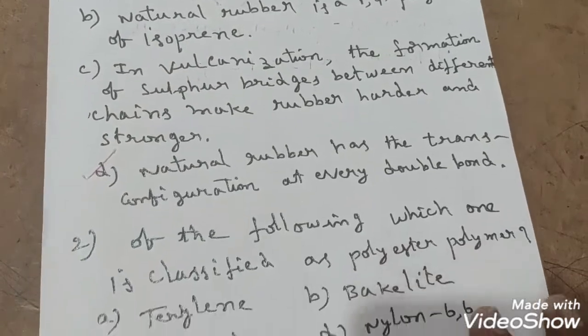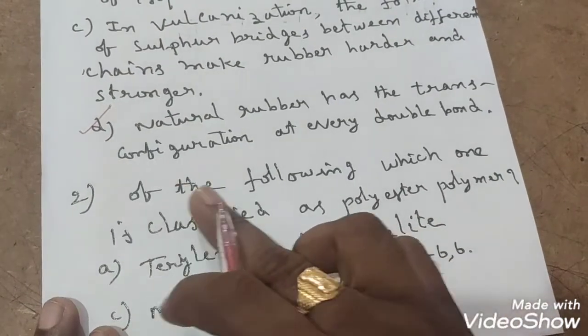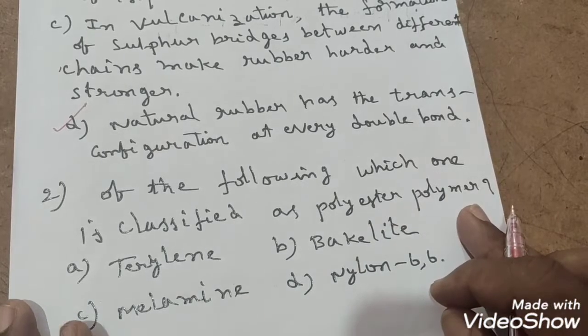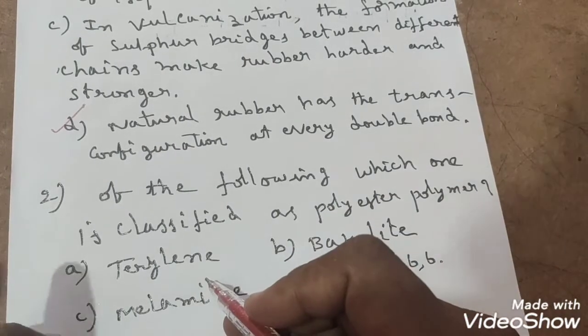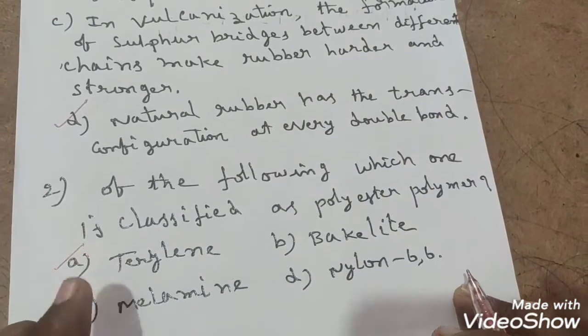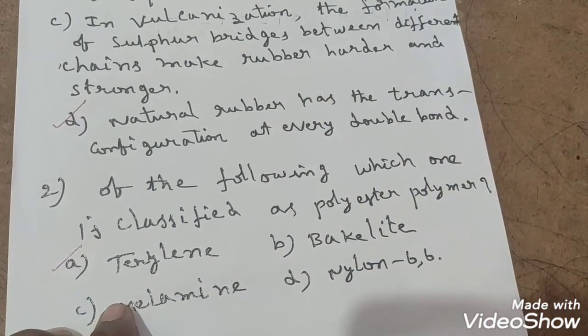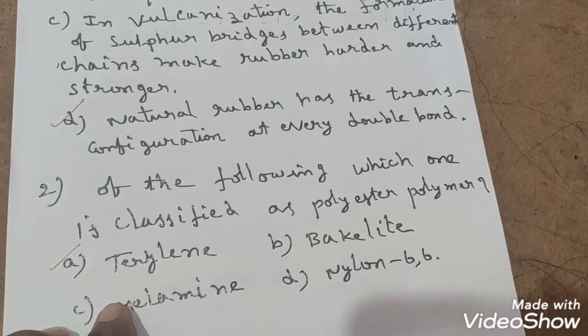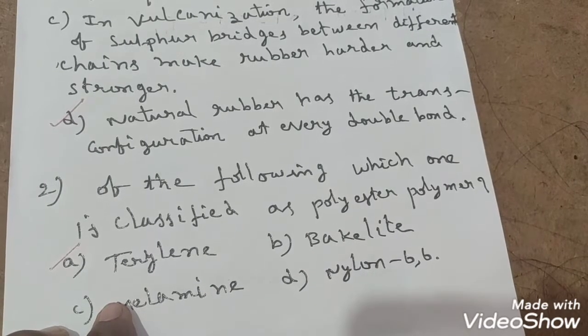Second question, if you observe, of the following, which one is classified as a polyester polymer? Just now we have discussed a polyester polymer, that is terylene or Dacron, students, right? If you observe the structure, I will show you the structure also.